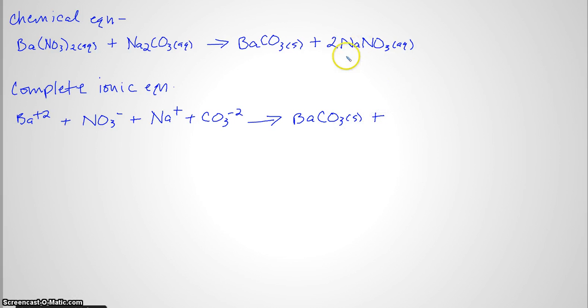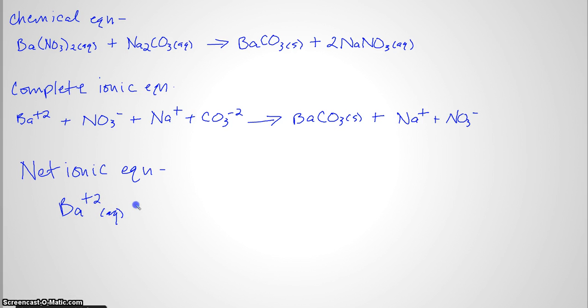And then our other product here, sodium ions and nitrate ions, okay? So then we can get rid of our spectators, so that our net ionic without the spectators is barium plus carbonate yields solid barium carbonate.